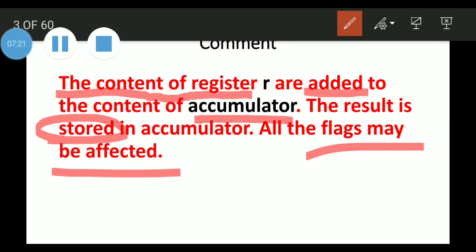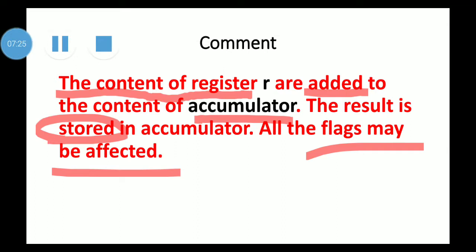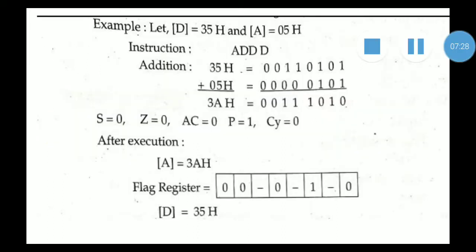Let us see an example also. On the screen you can see one example is given. Since it is the arithmetic group, we have to understand this instruction with the help of an example. These instructions also come in board exams.